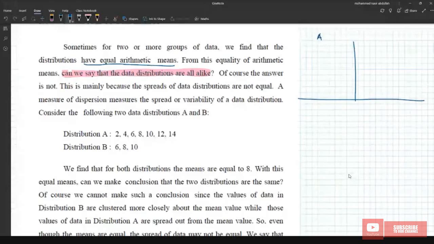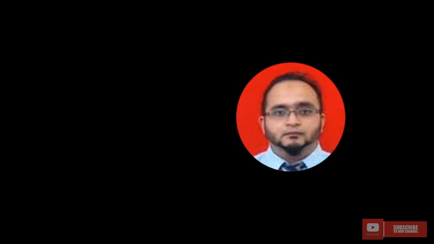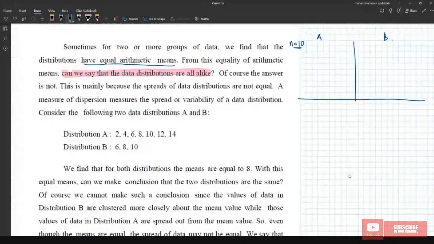Let's say I go to playground A, I collect n equal to 10, meaning I collect the ages of 10 children. My variable of interest is the age of the children. I ask the mother about the children's age.